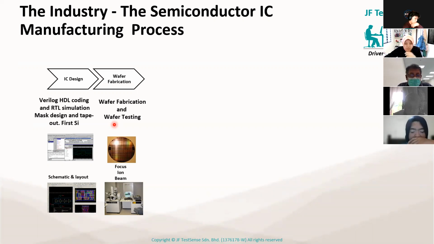Then you also have MNC wafer fabs like TI, Intel, ST, and so on. And then you have SMIC, which is a Shanghai based wafer fab. So there are many wafer fabs all around the world. If you are a lone designer, or a designer in a small company, you can send to people like TSMC or UMC in Taiwan to fabricate your wafer in large volume.